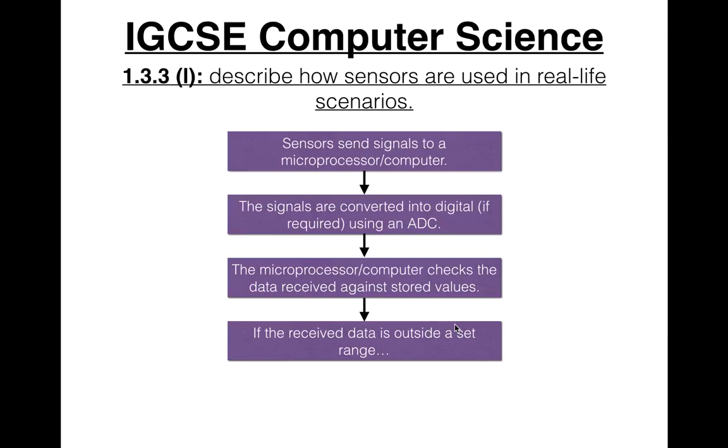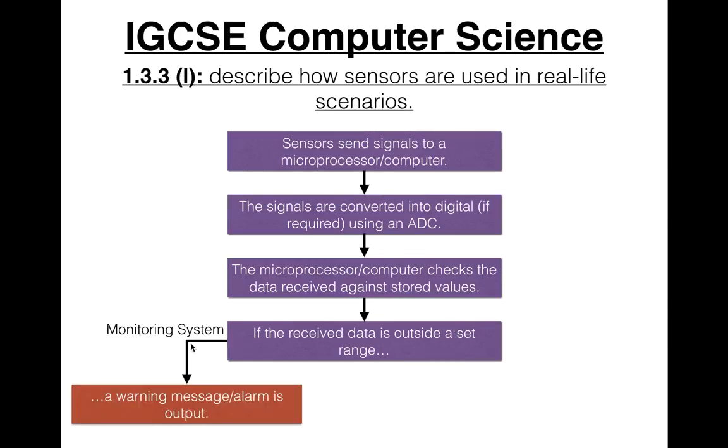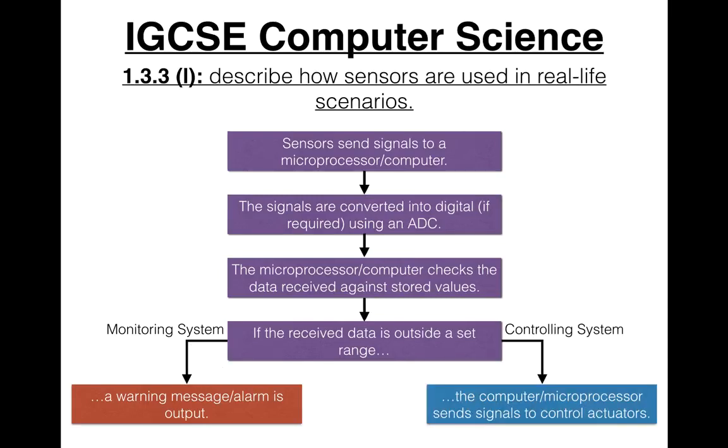It depends on what application or system is being used. If it's a monitoring system, then a warning message or alarm is output. If it's a controlling system, then the computer or microprocessor will send signals to control actuators to deal with that problem. And of course, the signals might have to be put through a digital to analog converter, or DAC, in order for that to happen.